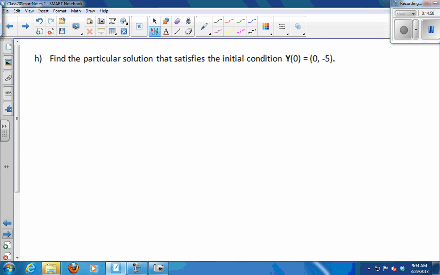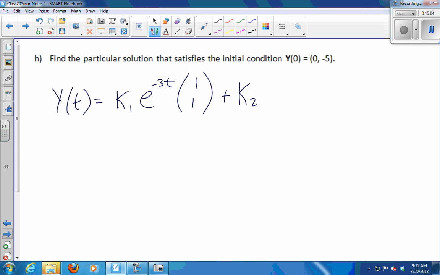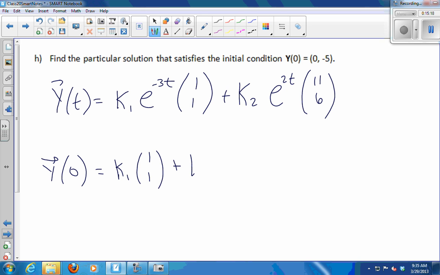All right, so to find the particular solution that satisfies an initial condition, we set the general solution, y of t, which was k1 e to the negative 3t (1, 1) plus k2 e to the 2t (11, 6), and plug in 0 for t. That gives k1 times (1, 1) plus k2 times (11, 6), which has to equal my initial condition (0, -5).